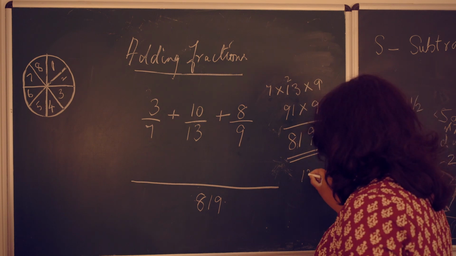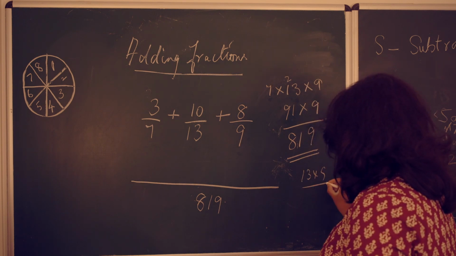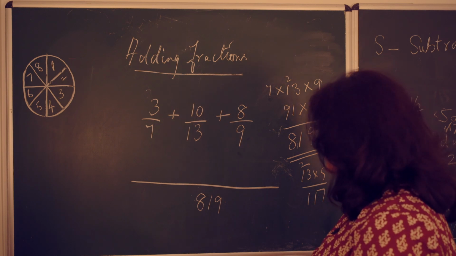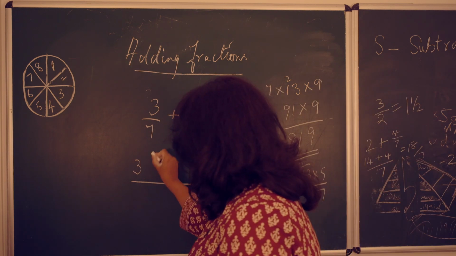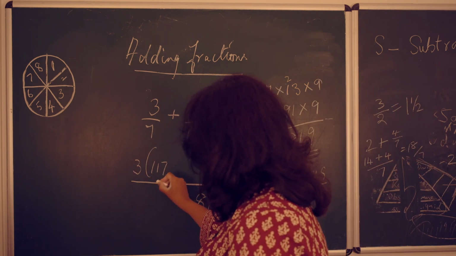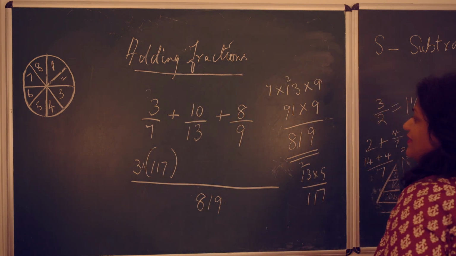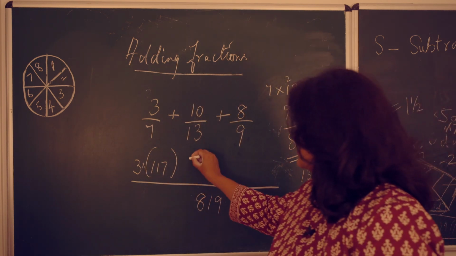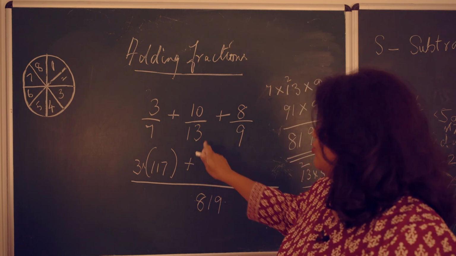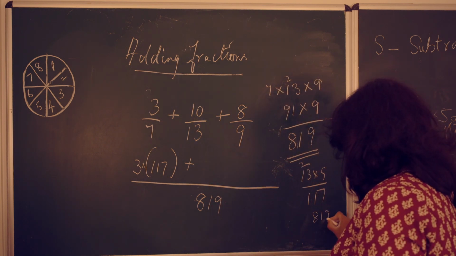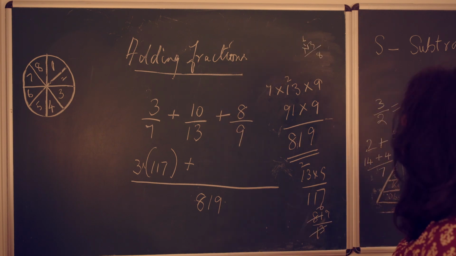7 goes in 819. 13 times 9, so that will be 117 times it goes. So 3 into 117. This is the number. Plus 13 goes in 819. 819 divided by 13.